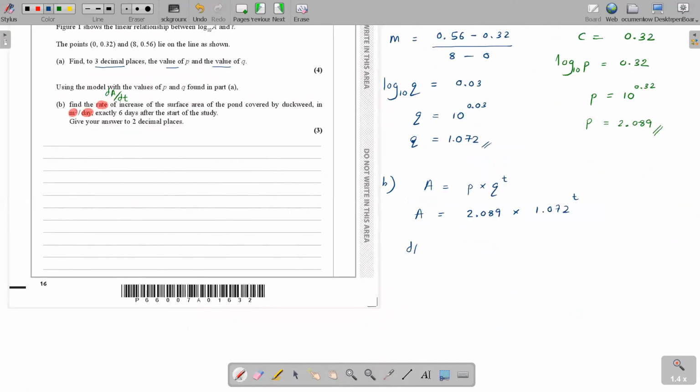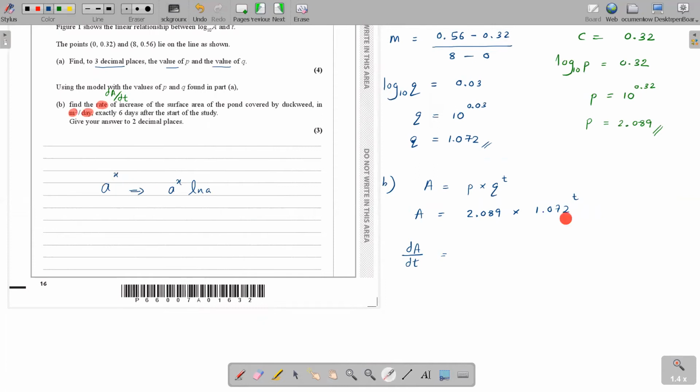So how do you differentiate dA by dt? This is not a product rule because 2.089 is simply a constant. Here you have an exponential function. Differentiating a to the power x gives a to the power x times ln a, if you differentiate with respect to x.